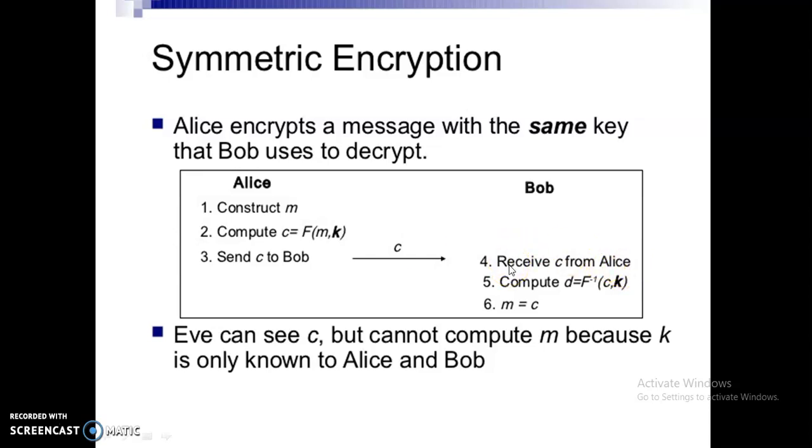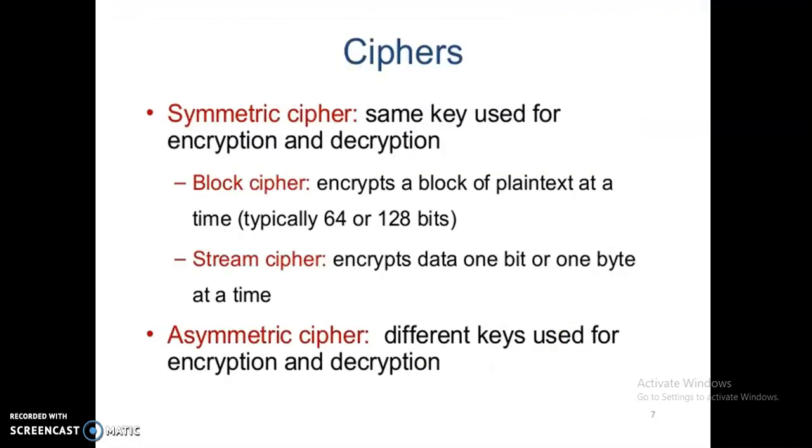Bob received a message from Alice, but it was in the format of ciphertext, so Bob needs to decrypt the message. He inverts the encryption process by using the same key K. The ciphertext is used and he recovers the plain text M. Okay, so this is the normal concept of the symmetric encryption model.